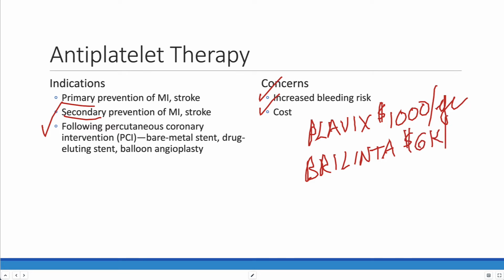It's insane, right? And it's a little bit better than Plavix. I don't know that it's $5,000 worth better, but those are the agents that we use.